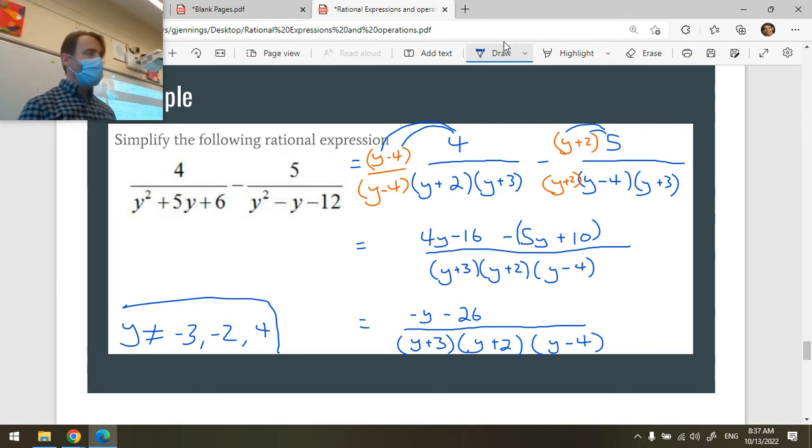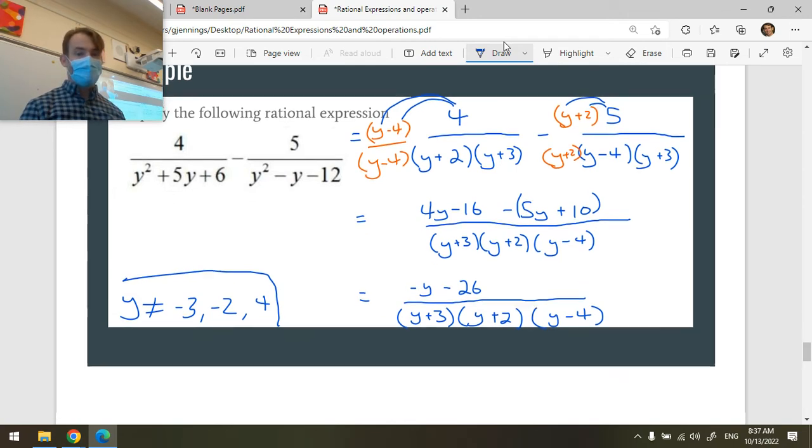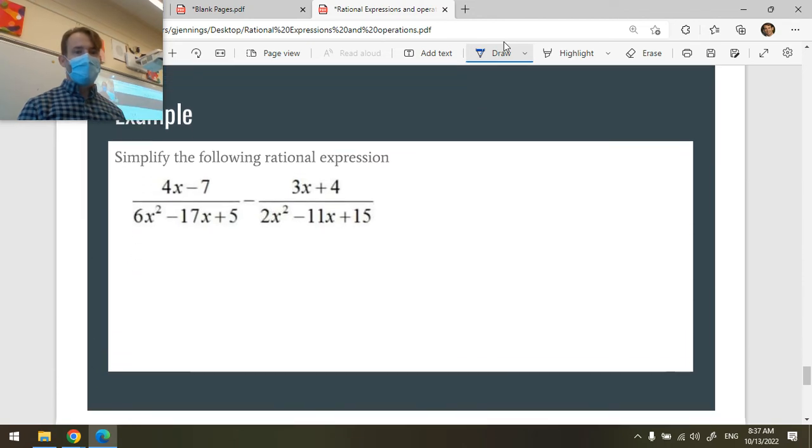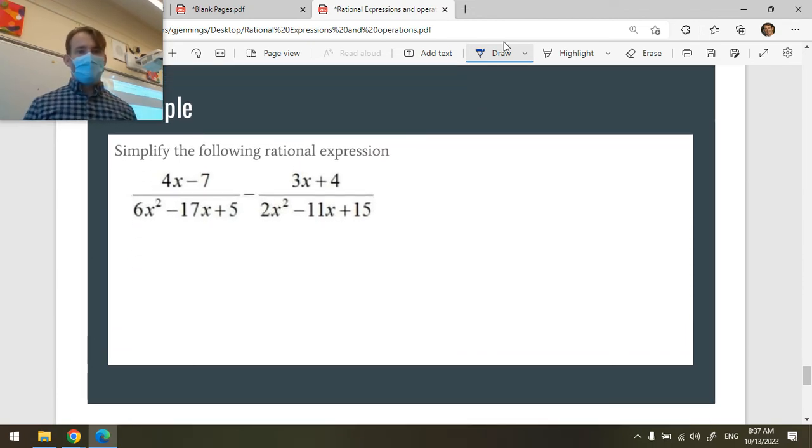I could say that's minus y plus 26. But y plus 26 doesn't cancel anything on the bottom anyway, so hey, there we go. This is fine. Leave it like that. Don't need to factor the top. Okay, carry on. Yeah, let's carry on. Yeah. Another example.